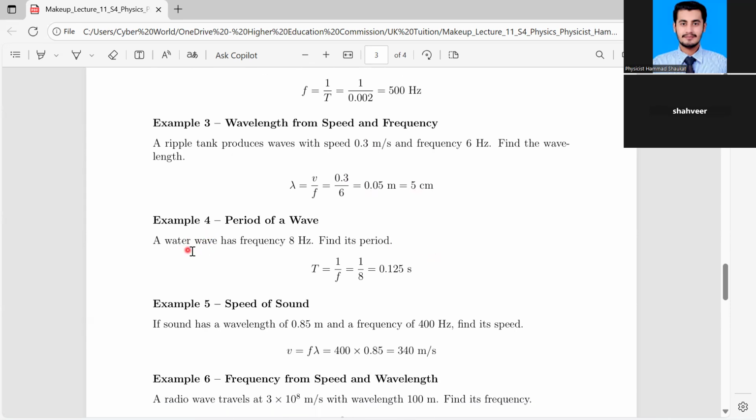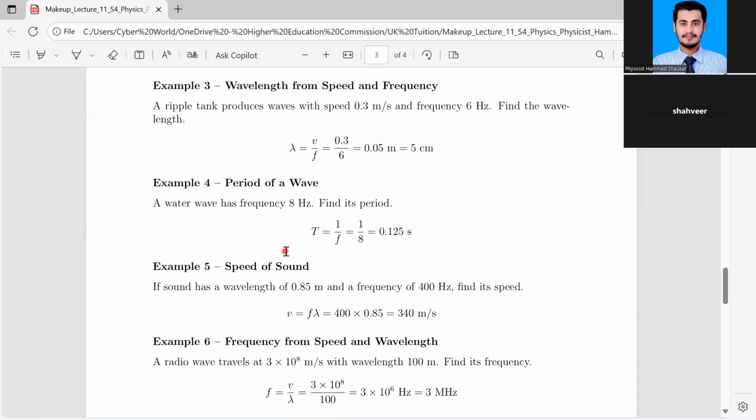The fourth problem: a wave has a frequency of 8 hertz. Find its period. Can you find the time period if the frequency is given? Yes, T equals 1 by f, and the value for f is 8.